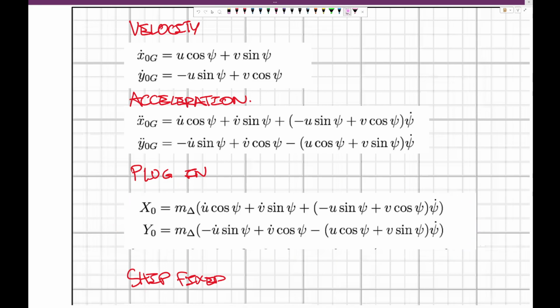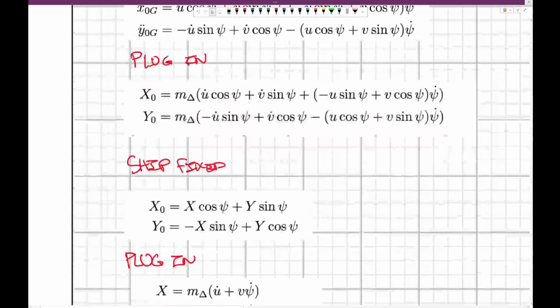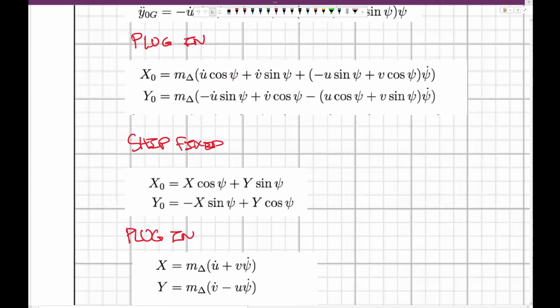Now, we want to convert that to the ship fixed axis. So we're going to need to transform this. We're going to create this x and this y, and then transform it, so we need to figure out what x and y is.